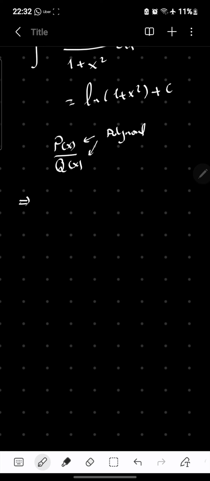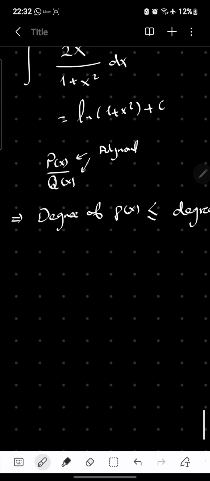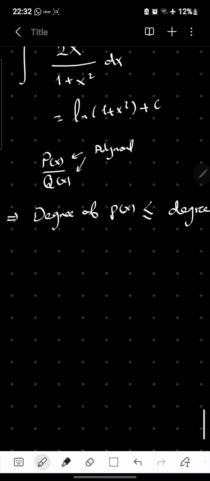To get the primitive using partial fraction decomposition, we have to check the degrees of the numerator and denominator. The degree of p of x should be less than or equal to the degree of q of x. If the degree of the numerator is less than or equal to the degree of the denominator, you can use partial fraction decomposition.